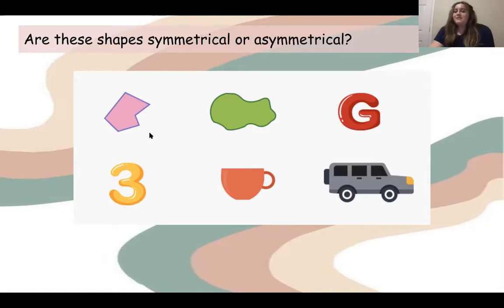So let's try it with 3. Let's go all the way down. No, I don't think it's symmetrical. But if we go this way, Zoe or Alyssa, do you think both sides are congruent when we chop it in half like this and we divide it into halves? Alyssa, you think it's not congruent? Oh, you do think it's congruent.